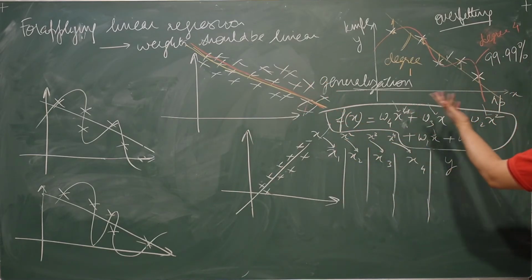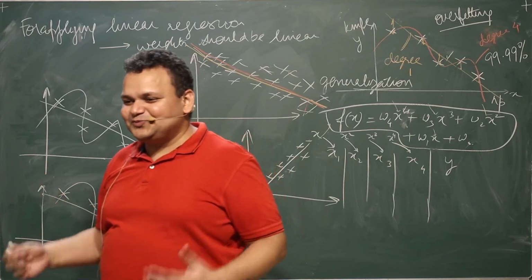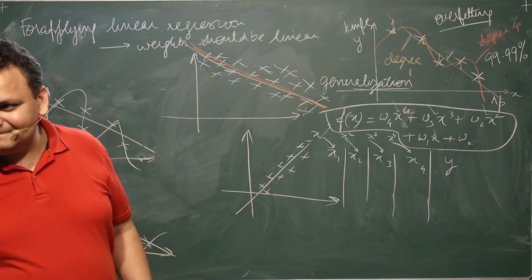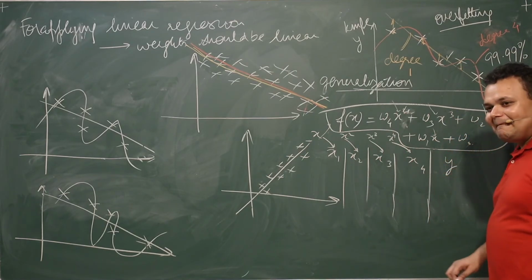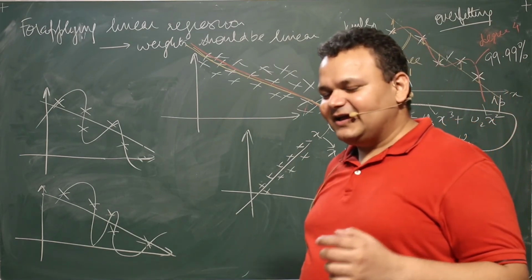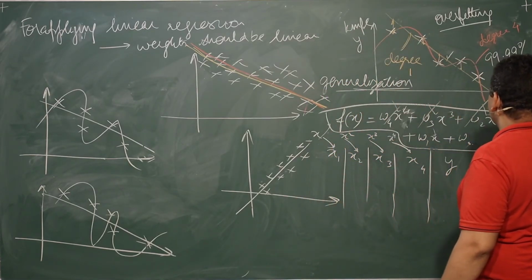If it is truly linear, what are you going to be left behind with, as long as you have sufficient data to fit those points? What will be the value of W4, W3, W2? Almost 0. Okay, these will be almost 0.